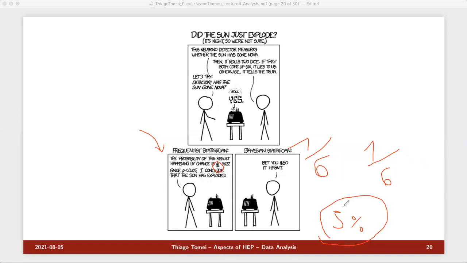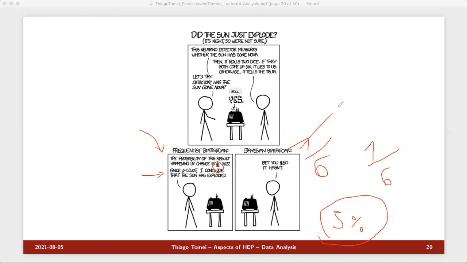By the way, it's not really that. When I say 95% confidence level, I mean, if I were to make this exact prediction many times, I would be right 95% of them. That's what confidence level means. And I would say, since the probability is less than 0.05, I conclude with 95% confidence that the sun has exploded.